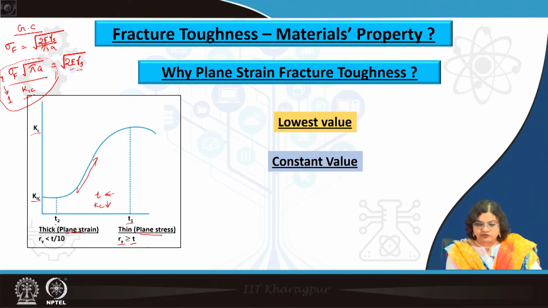Rather, if we achieve a thickness of T 2, that is the minimum thickness that is required for plane strain condition to be valid, that is equivalent to R y equals T by 10. And if we are having even a thicker component T 3, like T 3 could be twice the value of T 2 or even more, then also this value is constant, it is not changing any further.